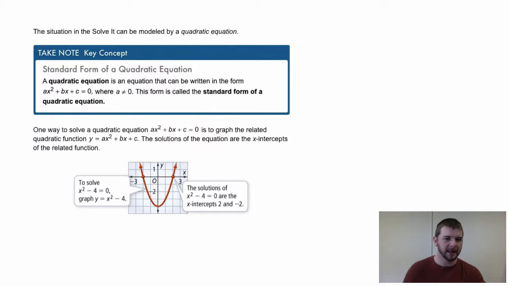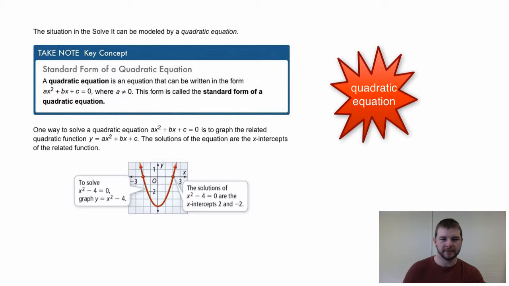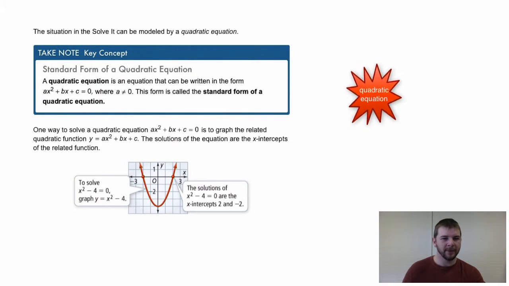For your notes, a key concept: standard form of a quadratic equation. A quadratic equation is an equation that can be written in the form ax squared plus bx plus c equals 0, where a, our leading coefficient, does not equal 0.